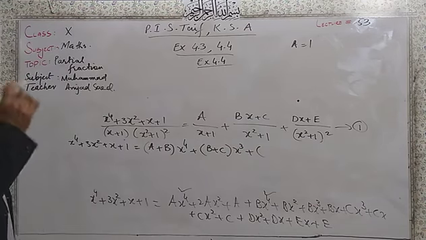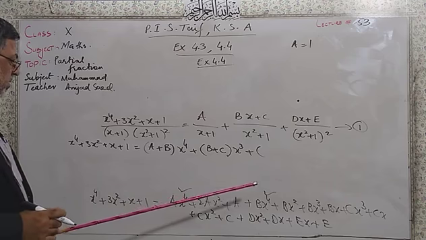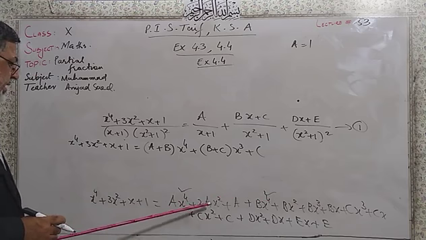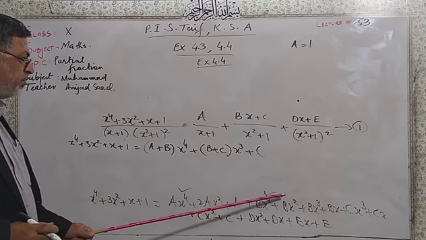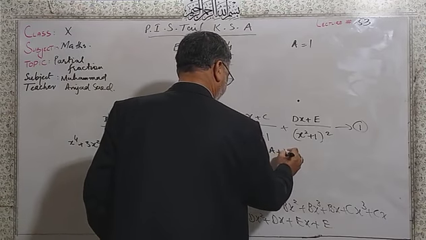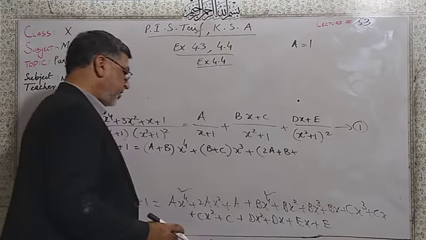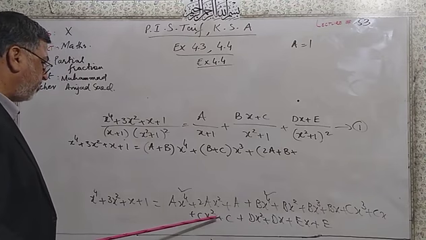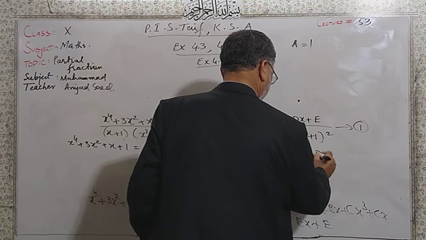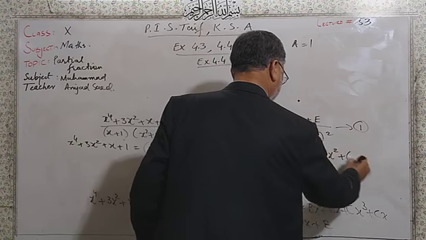Then we will have x squared, terms involving x squared, 2a plus b plus c plus d into x squared.